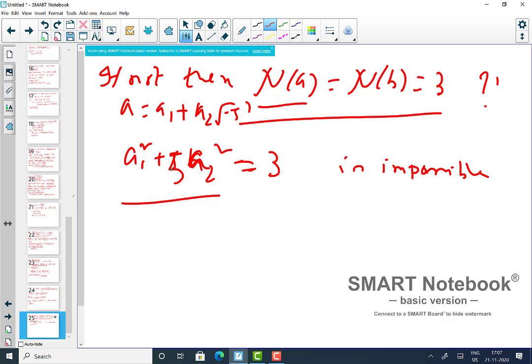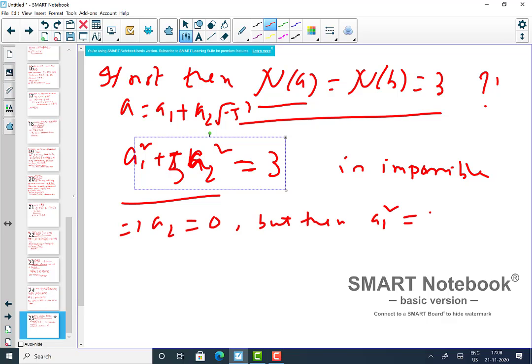Because you see, this is all squares. What are the options? If a2 is even 1, then it is bigger than 3, so it has to be 0. So a2 has to be 0, but then a1 square equal to 3 is also not possible, as a1 is an element of the integers.